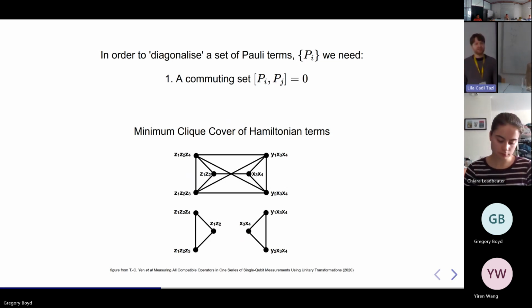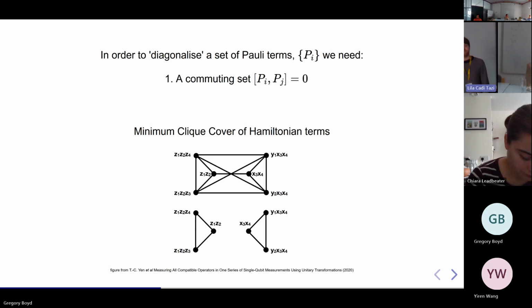The number of terms in the Hamiltonian is only quartic in the size of the system, so it's a tractable problem. When I tried to use some existing graph libraries in Python to do this, they weren't fast enough, so I had to start doing better.